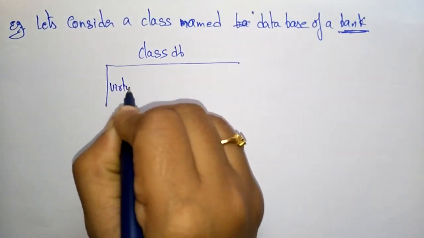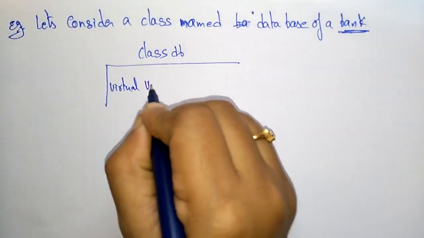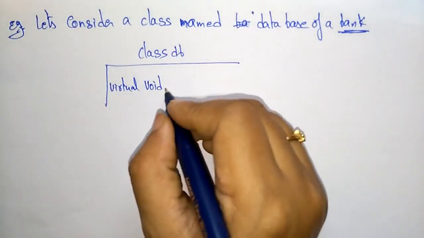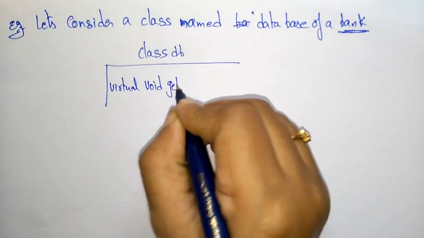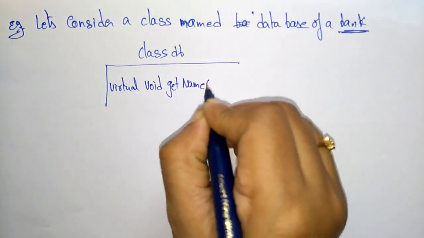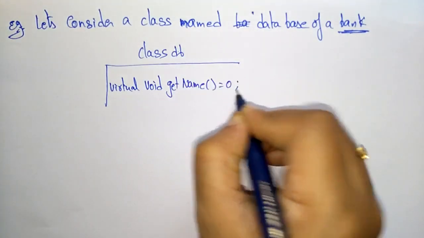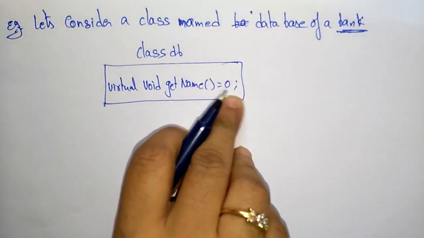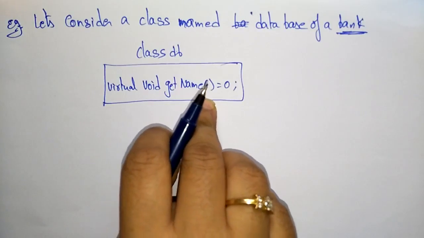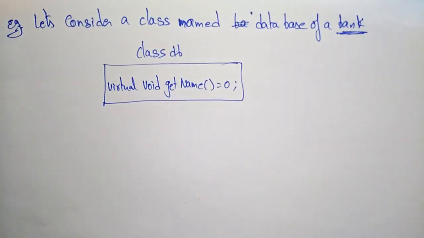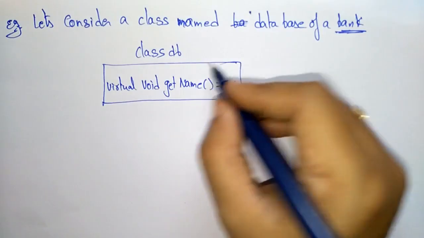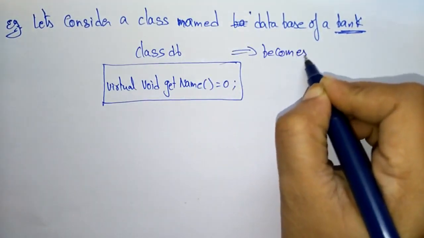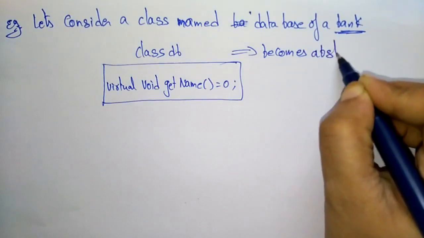A virtual function should start with the virtual keyword: virtual void getname() equal to 0. Then only you will call it a pure virtual function. So this class database becomes an abstract class.